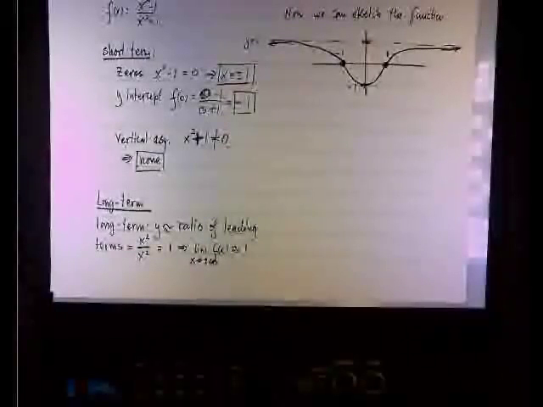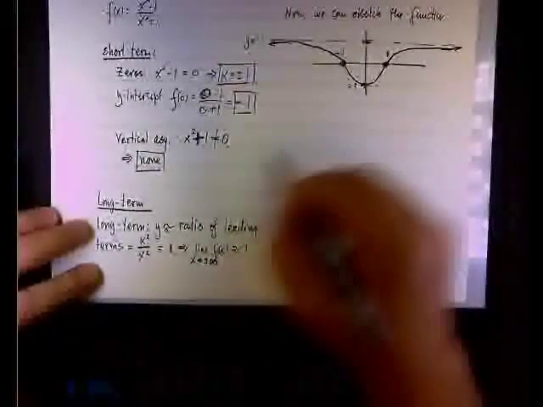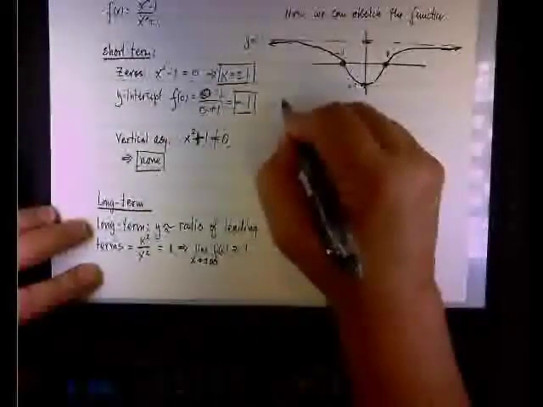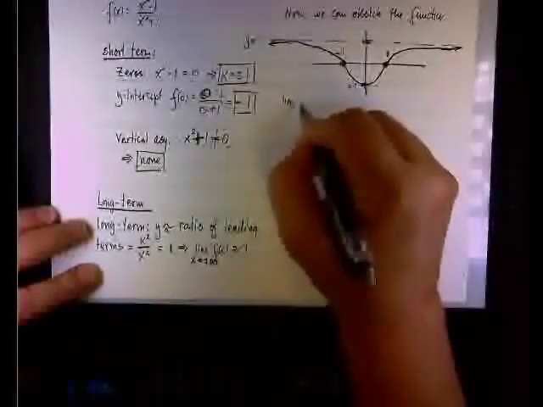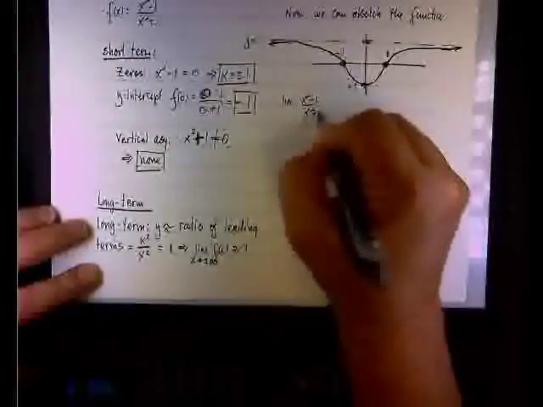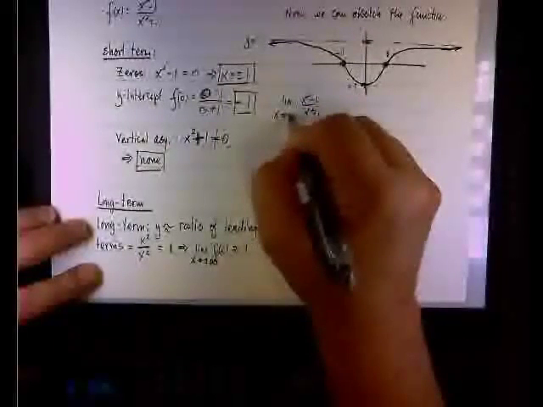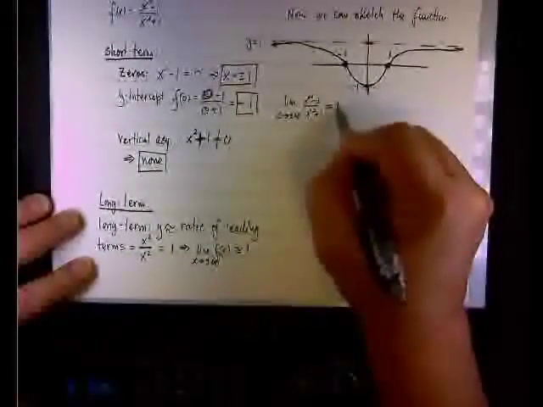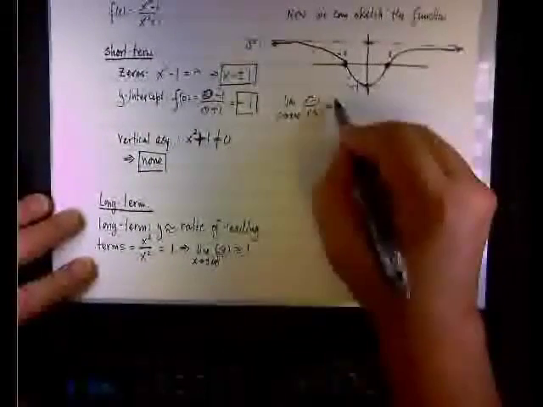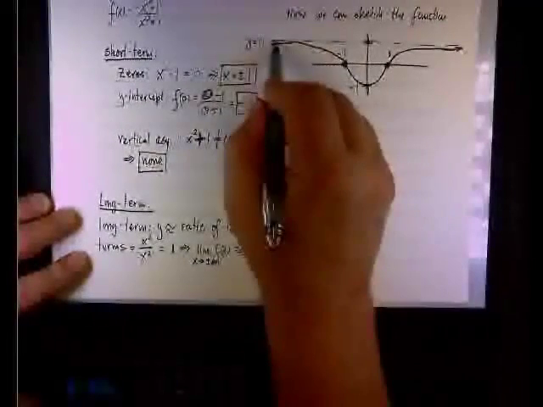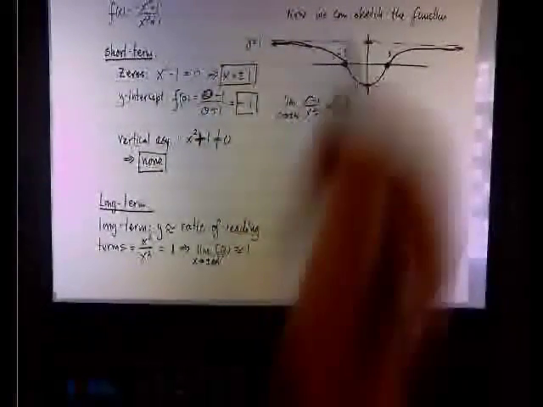Okay? And from here, to evaluate the limit, we can say that the limit of x squared minus 1 over x squared plus 1, when x approaches plus or minus infinity, will be 1, from the behavior of this function. Okay?